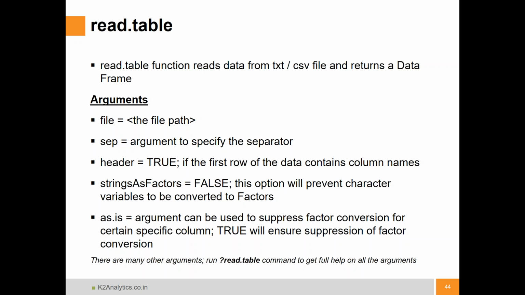If I don't say the name of the object by which it should hold that data after importing, what will it do? It will just dump the entire output on the console screen, and you're not going to capture it anywhere. So if you want to capture that, you have to say by which object name, or variable name, you want to have the file data stored.